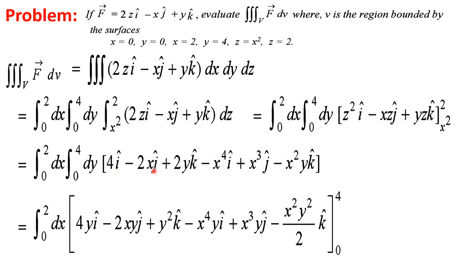Now, performing this integration with respect to y will give us this quantity. And the limits for y are from 0 to 4. I'm leaving you this simple step to verify: just put the limits, and whenever there is y, just put 4 and 0 for those values and simplify.